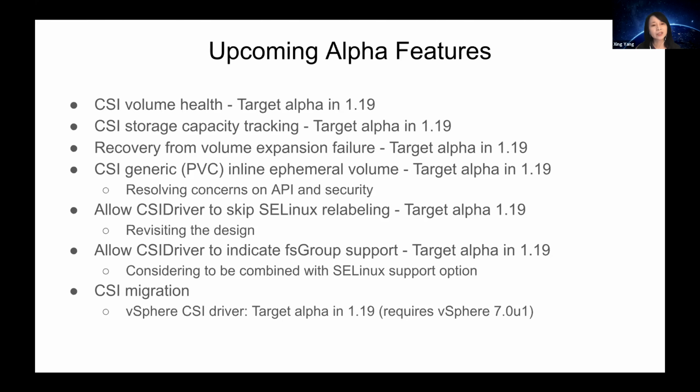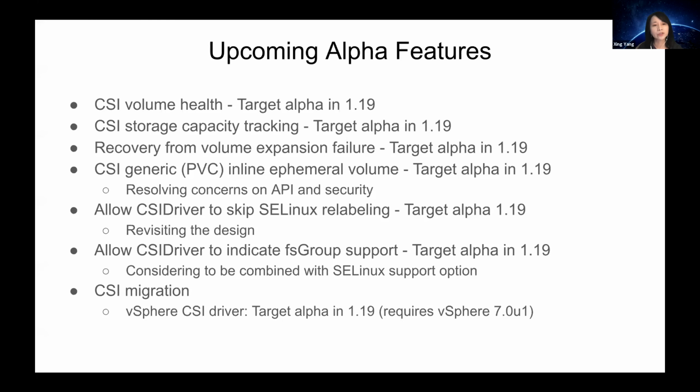In Kubernetes, we will have a volume health monitoring controller that communicates with the CSI controller plugin to get that information, and those will be reported on the PVC as events. On the node side, we have an agent on the node which communicates with the node plugin, and that will be reported on the pod.